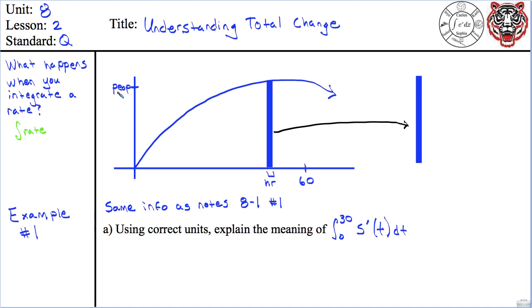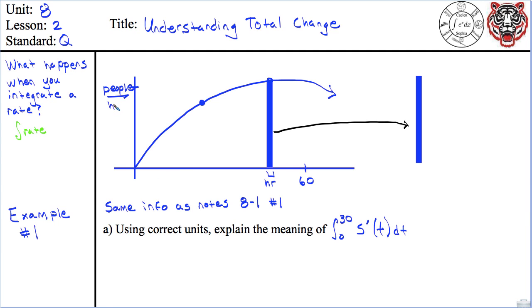Hold on. We have to be careful here. Since this is a rate, the height right here, if I took this point, would be people per hour at that point. So the y-axis here, the units are people per hour, because this is a rate graph. And then our axis down here is in terms of time.